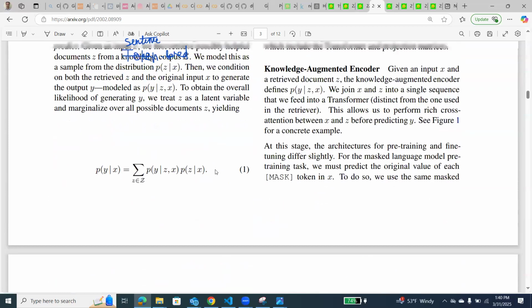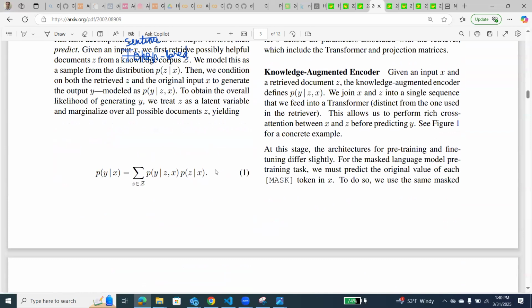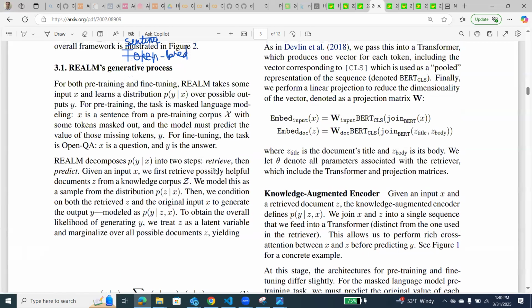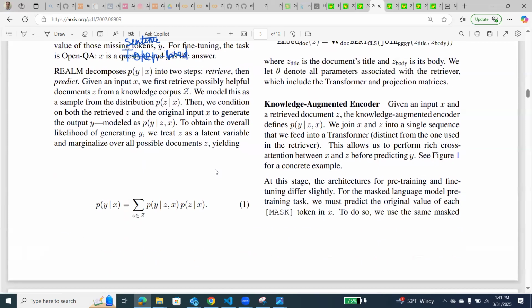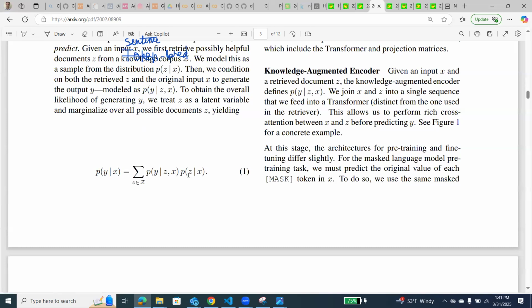So this small probability, document given prompt, is calculated as just a dot product between embeddings from BERT models. So it's kind of similarity.